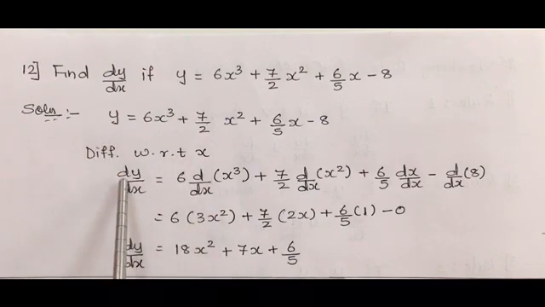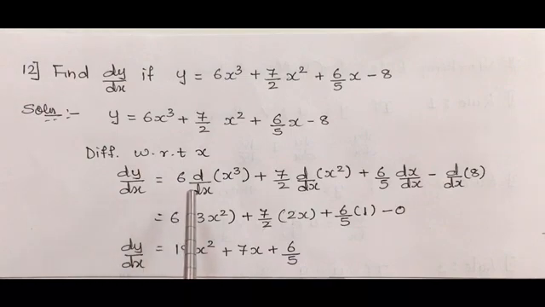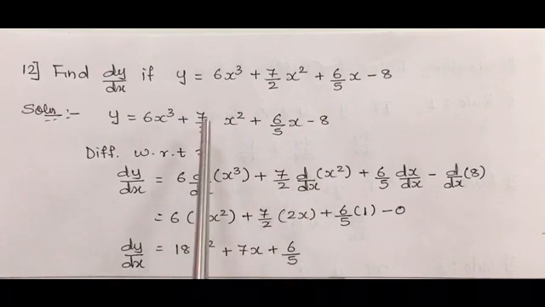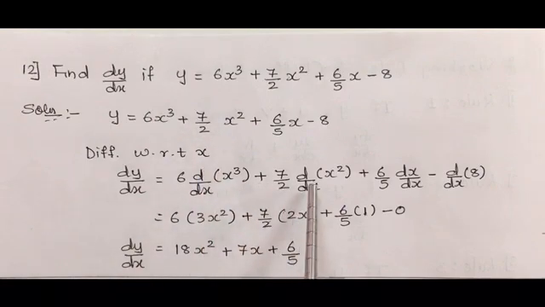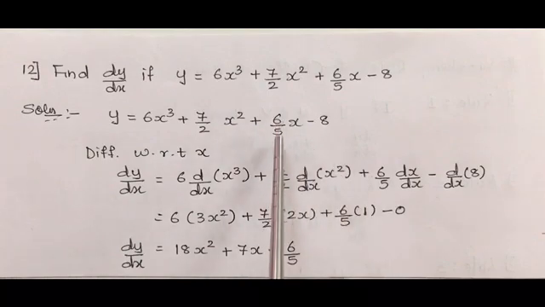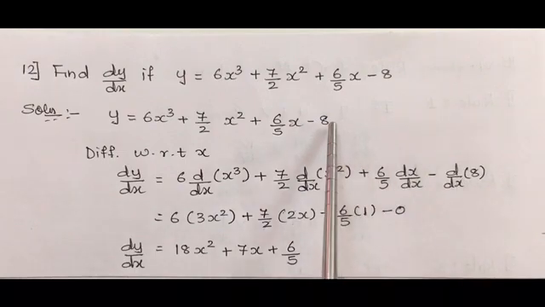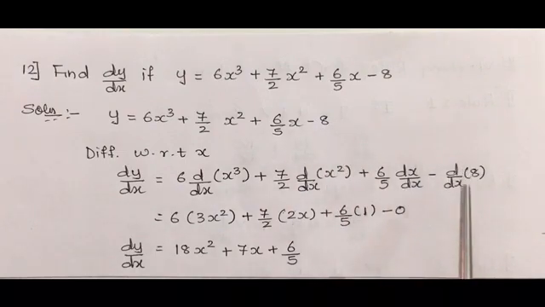So LHS becomes dy by dx is equal to 6 is a constant, so it is to be taken out, d by dx of x cube. d by dx goes with x. 7 by 2 is constant, so d by dx of x square. 6 upon 5 is constant, so dx by dx, minus d by dx of 8, that is again constant.